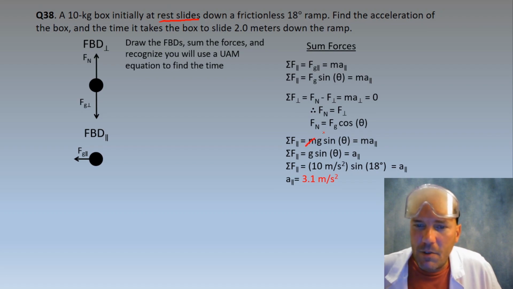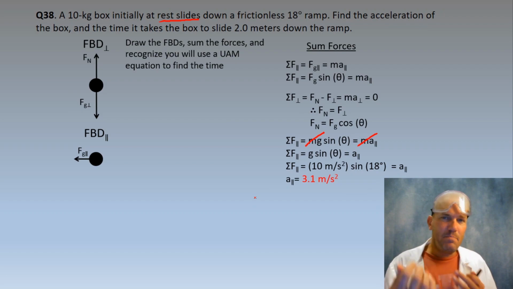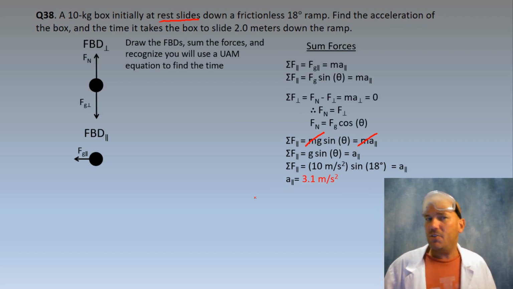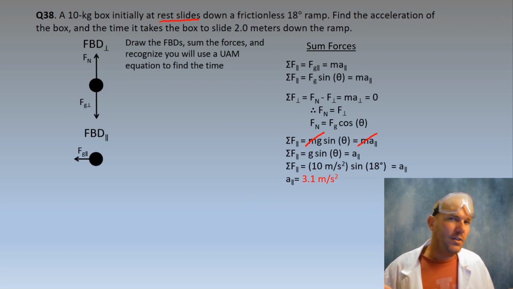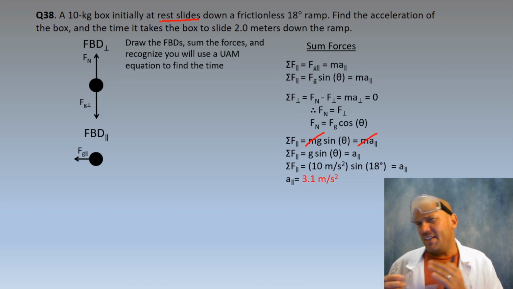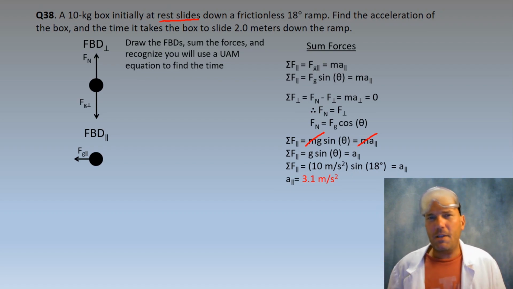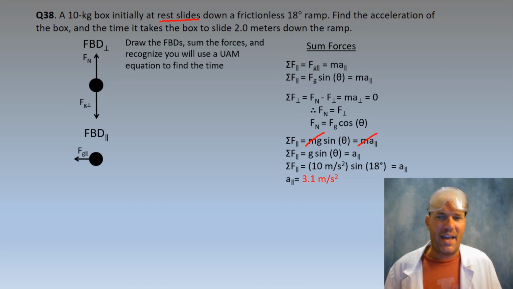Then all of a sudden we see there's no dependence on mass. This is independent of the mass of the object, so who cares if it's 10 kilograms? We've shown this a couple times so far in class and on the last problem with the vehicle. We were able to completely cancel out mass.